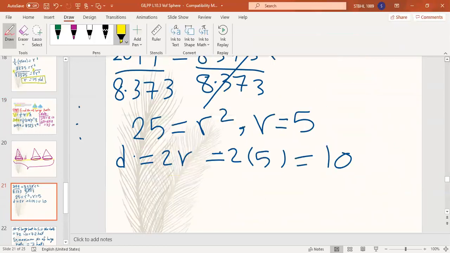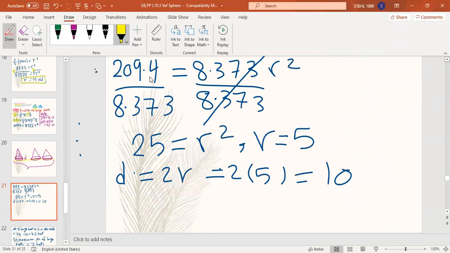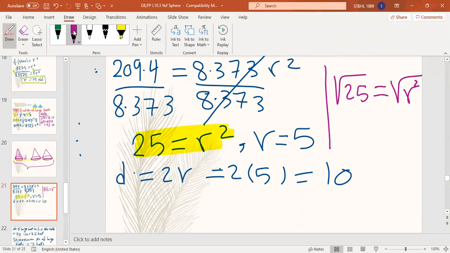And when you divide 209.4 by 8.373, you will get 25 equals r squared. But teacher, I want to find the r. So I'll take the square root of both sides. So 5 equals r, or r equals 5, which is the radius.